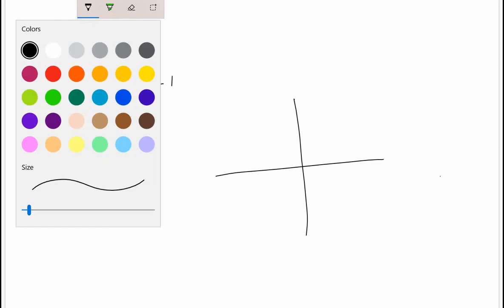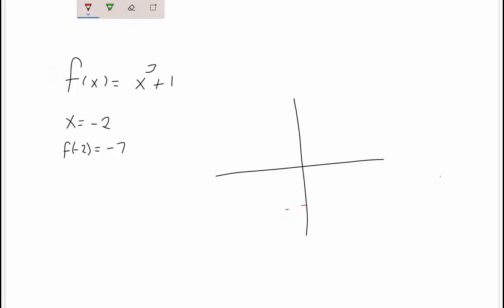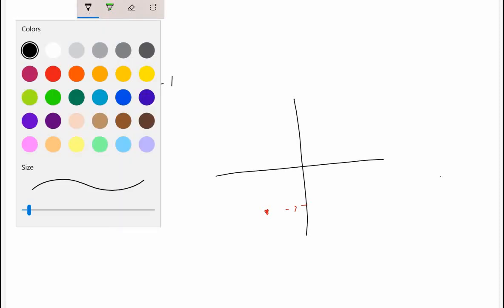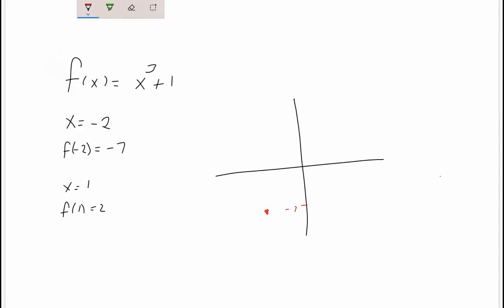So I have this y-coordinate down here at negative 7 when x is equal to negative 2. So let's just say it's right here. Now, I also know that if x equals 1, then f of 1 is going to equal 2. So when x equals 1, it's above the x-axis. It's up here somewhere.